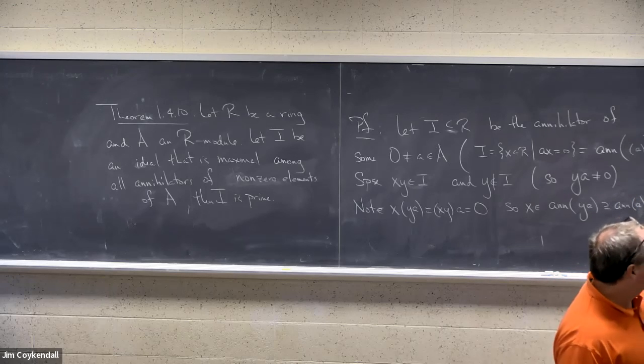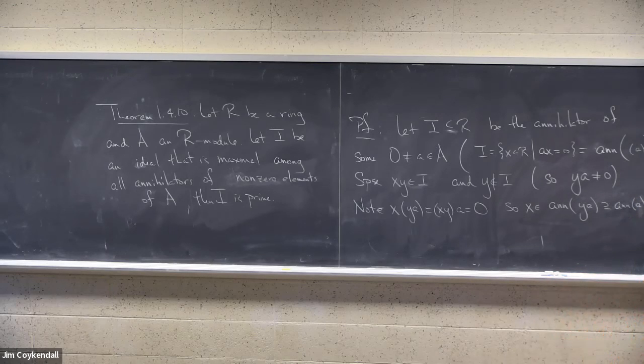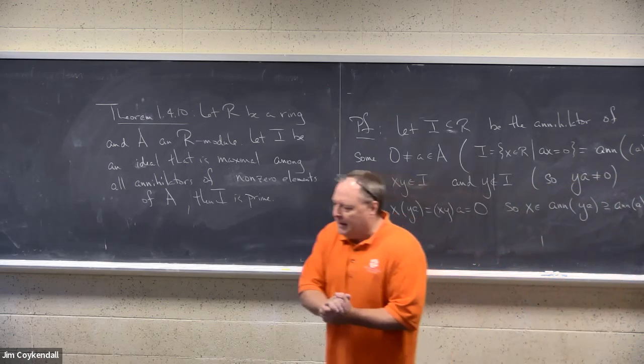Any ring that satisfies the ascending chain condition on ideals. Equivalently, all ideals are finitely generated. Equivalently, and we'll prove this later, all prime ideals are finitely generated. You only have to check the prime ones. That's another kind of hint that Noetherian is a really, really nice property. Okay, any questions?